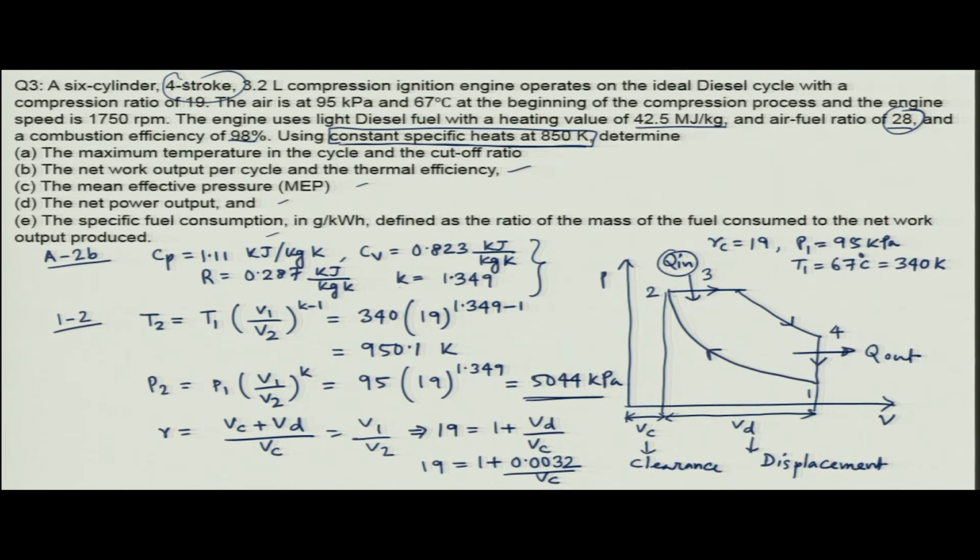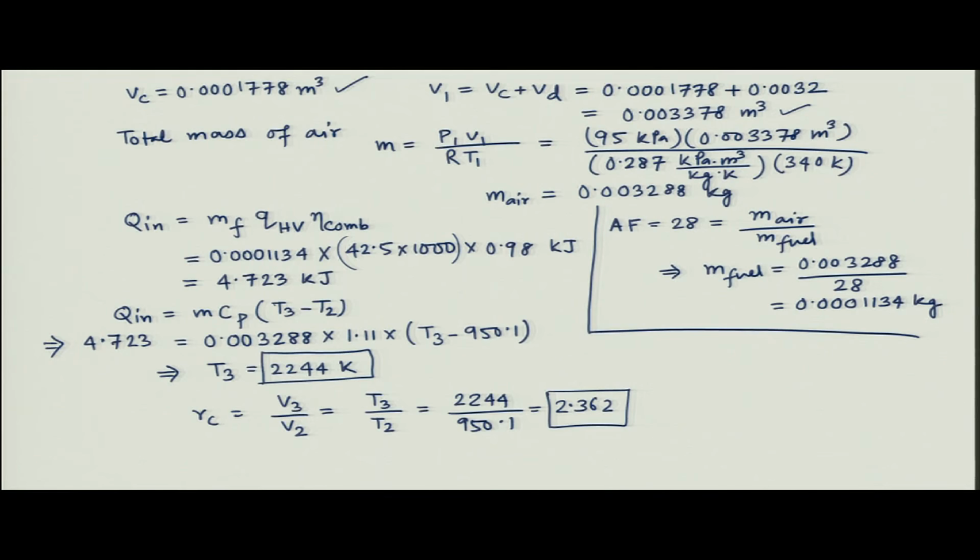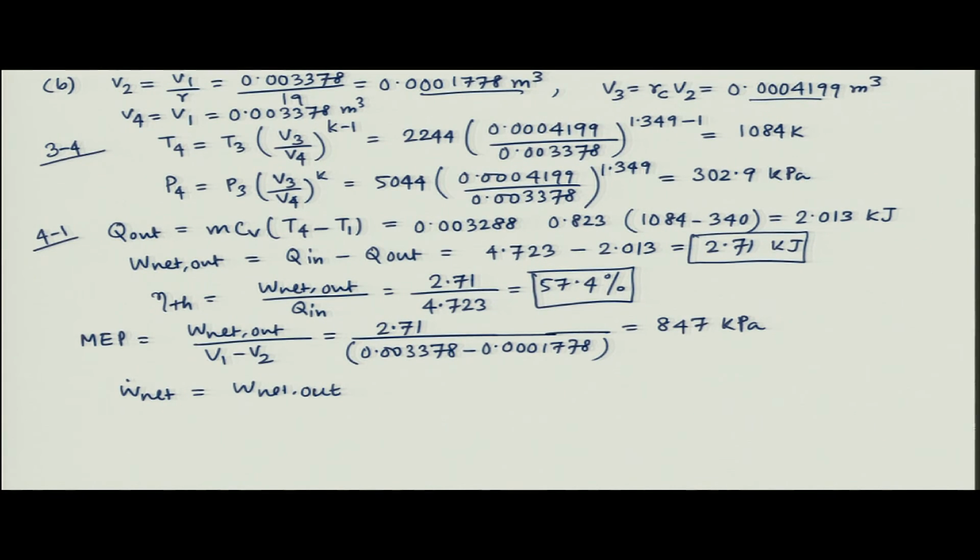That there will be 4 strokes and in these 4 strokes there will be 1 power stroke. So, basically for every 2 rotations there will be only 1 power stroke. Therefore, we have to multiply it with n dot. N dot is the revolution per second and by 2, because for every 2 revolutions there will be 1 power stroke, that is why we are dividing it by 2.